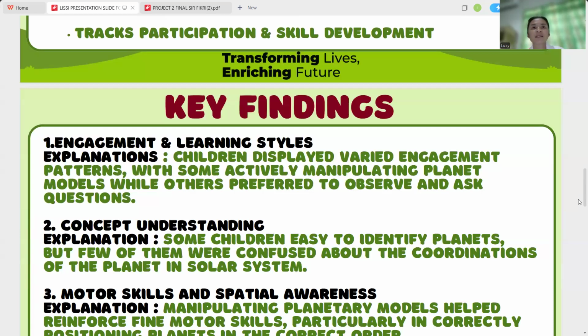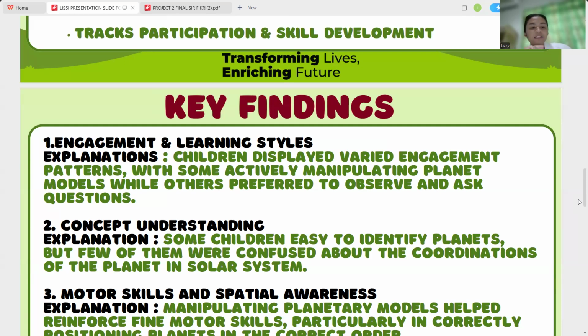The children show their own patterns and ways of learning, with some actively manipulating planet models while others prefer to observe and ask questions. During this engagement, they use their own movements and things to engage with the activity.